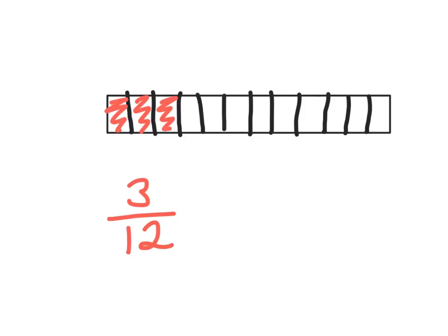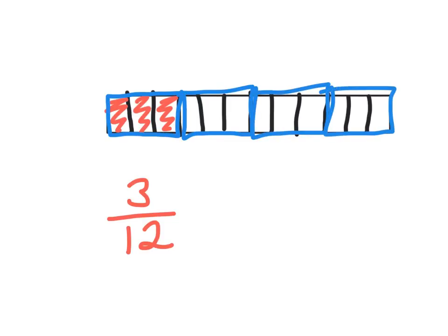But I could group these together, because 3 and 12 have a common factor of 3 in this case. So if I group these into groups of 3, that's 1 group, 2 groups, 3 groups, 4 groups.